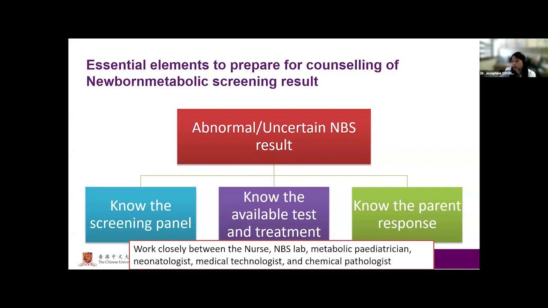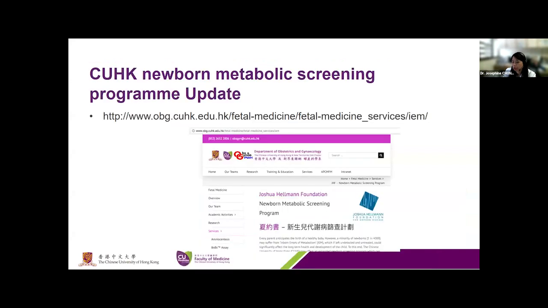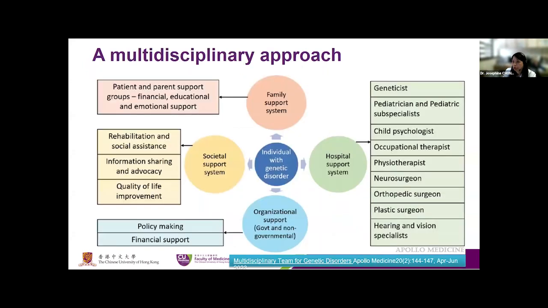So you can see there are a lot of different steps in the newborn metabolic screening that are already very important to counseling. So our CHK newborn screening program is on the website, but we are not running the newborn genetic screening yet. The reason why is for genetic conditions, we understand that we may need a multidisciplinary approach.